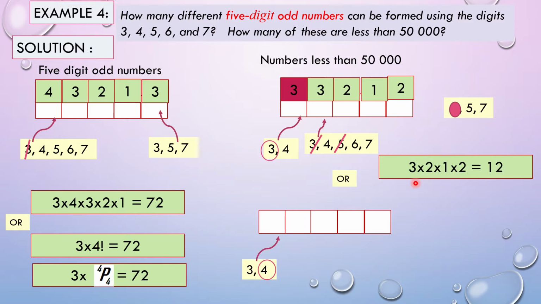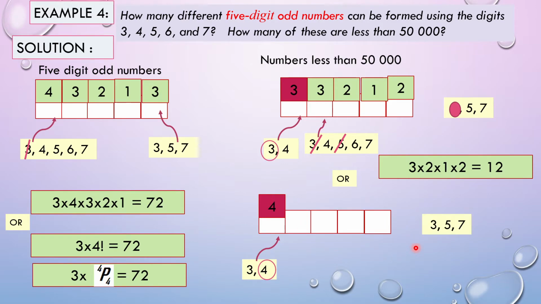Now, I'm going to occupy the first box with digit 4, so that I get a number starting with 4, which is less than 50,000.